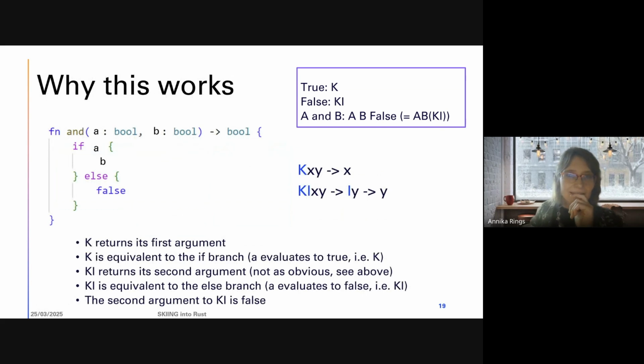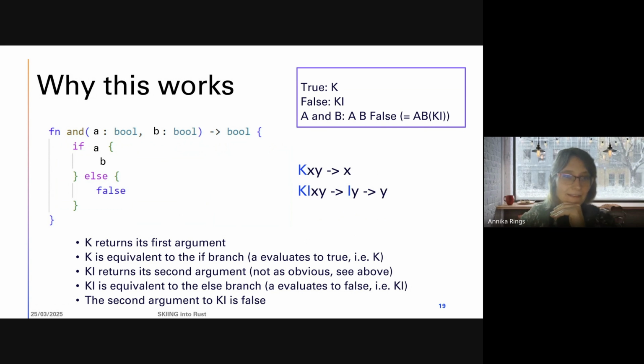Here is an explanation of why this particular representation of AND works. So you could think about this Rust function here, or you could think about defining AND, A and B, as if A, B, else false.